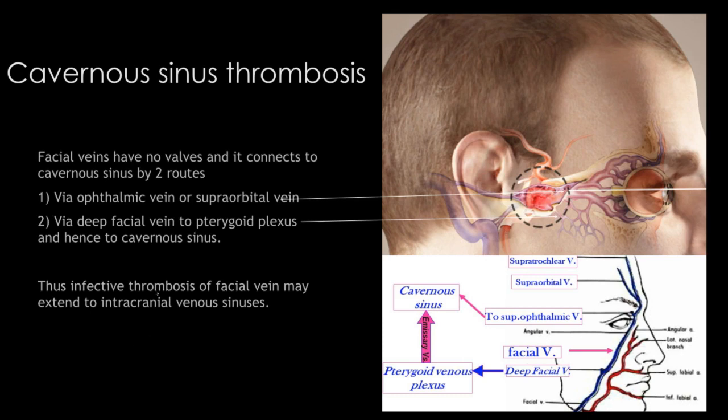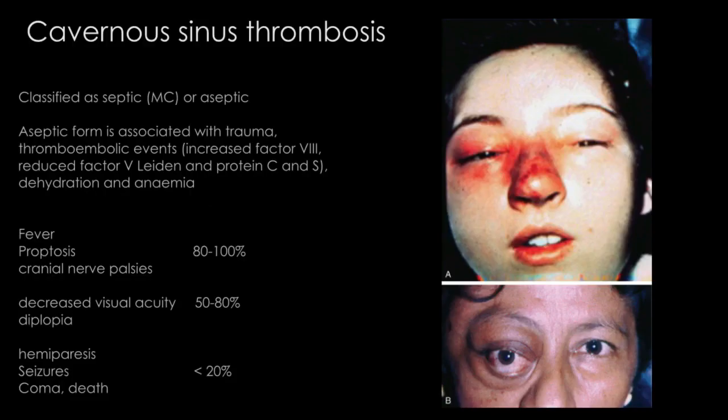So any infective thrombosis of the facial vein may extend intracranially into the cavernous sinus and may spread further, causing neurological abnormalities. So cavernous sinus thrombosis can be septic, which is the most common cause. It can also be aseptic.